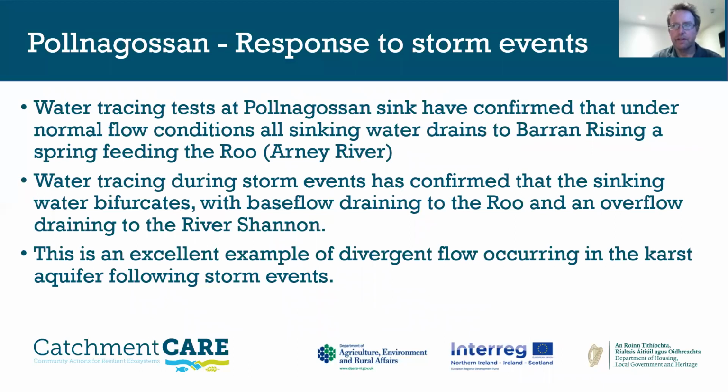So we have an example of water sinking and bifurcating, going to two separate springs, two completely separate river drainage basins. Now, this is a really good example of divergent flow, and it does occur in karst quite regularly, at times where there is significant backing up of water levels in the cave system and water overflows.